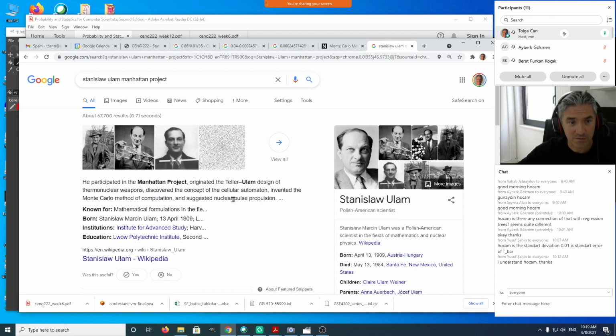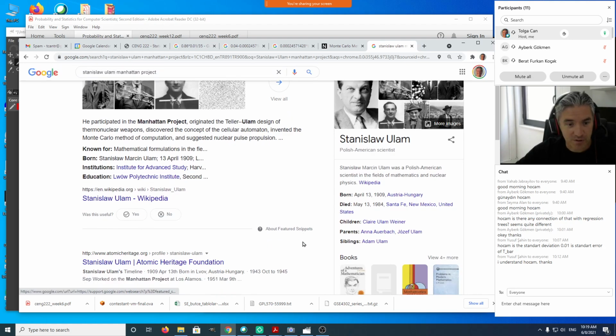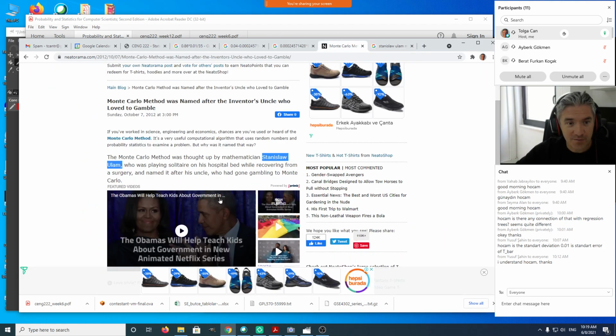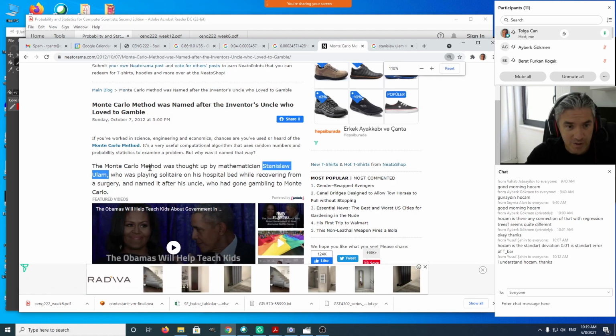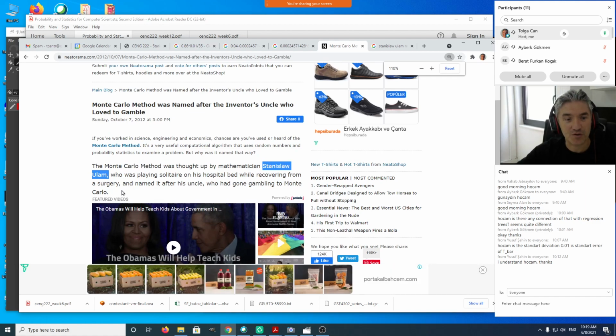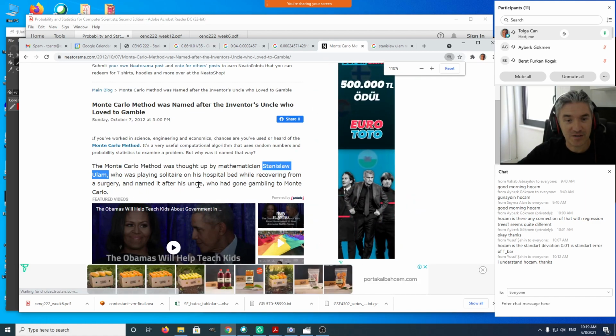They were trying to figure out very complicated interactions between atoms, how the uranium atom, for example, depletes in certain situations. The Monte Carlo method was thought up by mathematician Stanislav Ulam, who was playing solitaire on his hospital bed while recovering from a surgery, and named it after his uncle who had gone gambling to Monte Carlo.